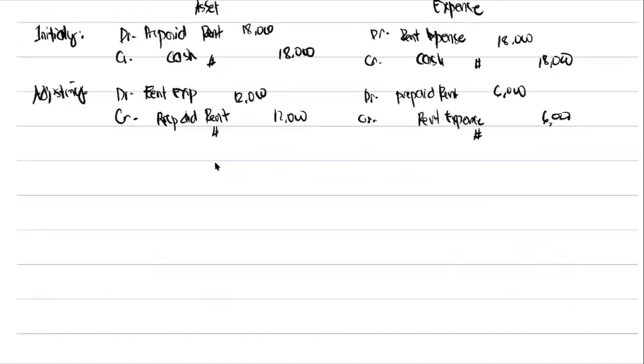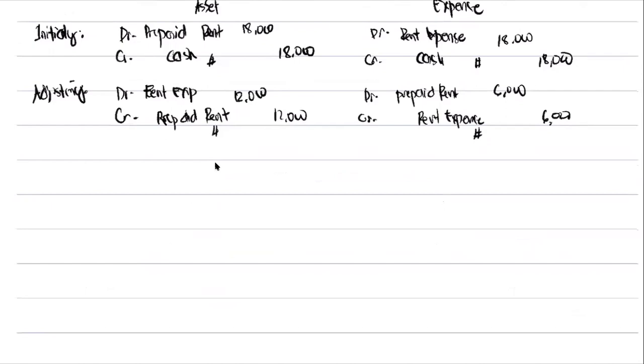Okay, so just a recap, if ever we are using asset method, initially you record it as an asset. Subsequently, you need to recognize an expense at the amount of expired portion.